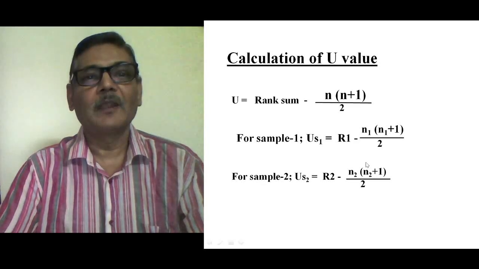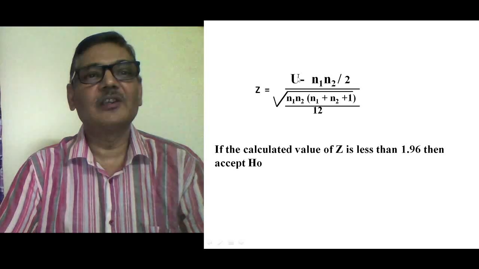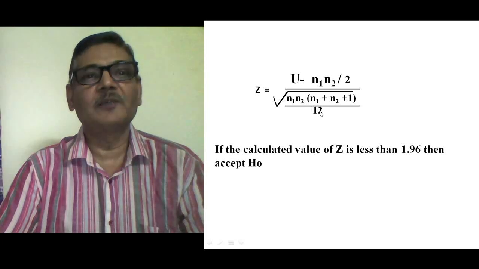The other step is to calculate the Z value, which is calculated using the formula: the U statistic of any one of the samples minus n1 into n2 divided by 2, and this whole numerator is divided by the square root of n1 n2 into n1 plus n2 plus 1 divided by 12.